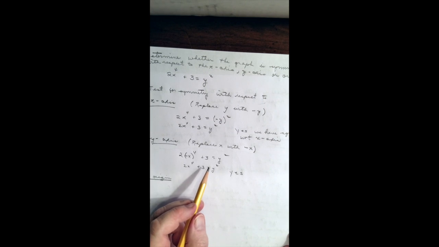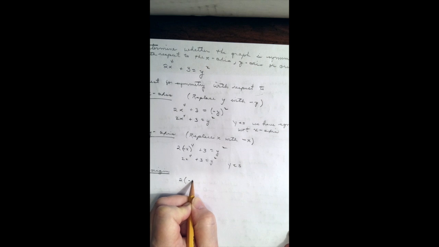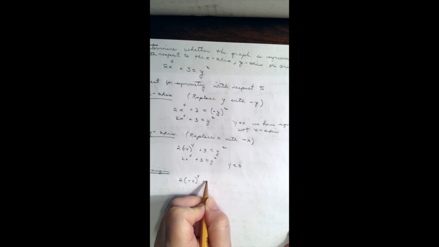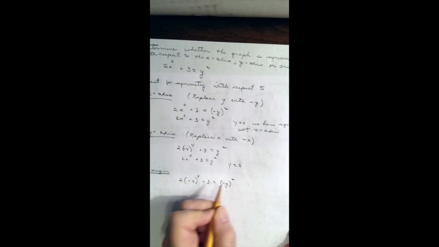And then if we test for symmetry with respect to the origin, we'll replace x with negative x and y with negative y. And so we'll have 2 negative x to the fourth plus 3 equals negative y squared.